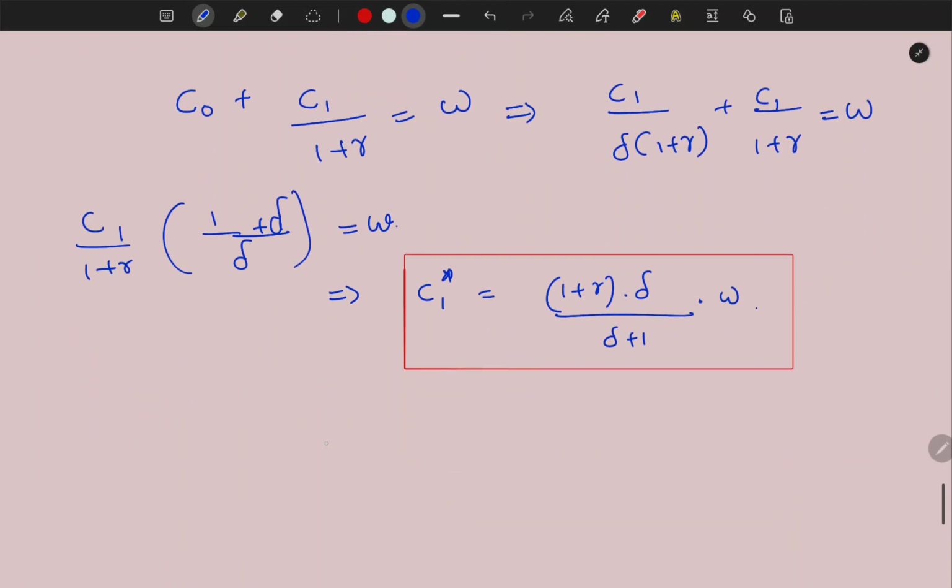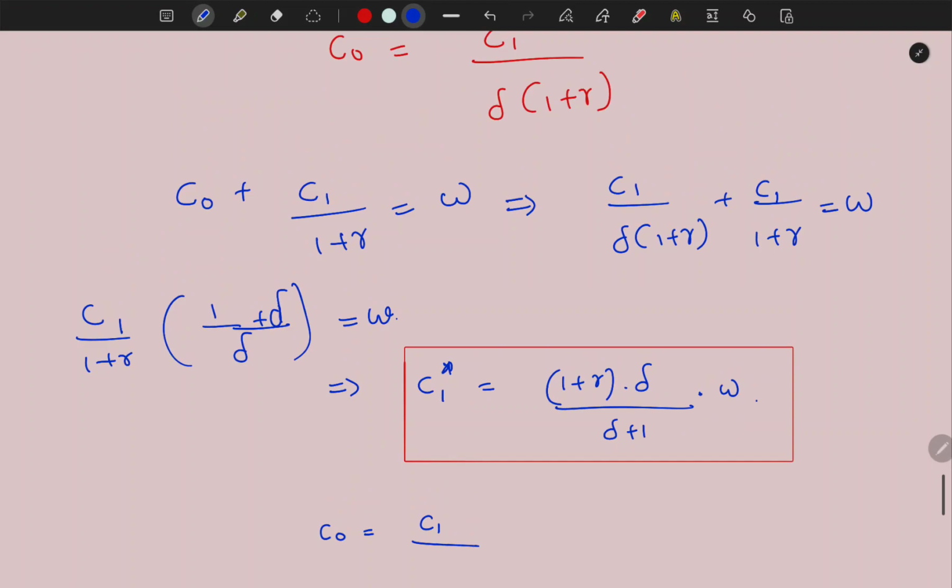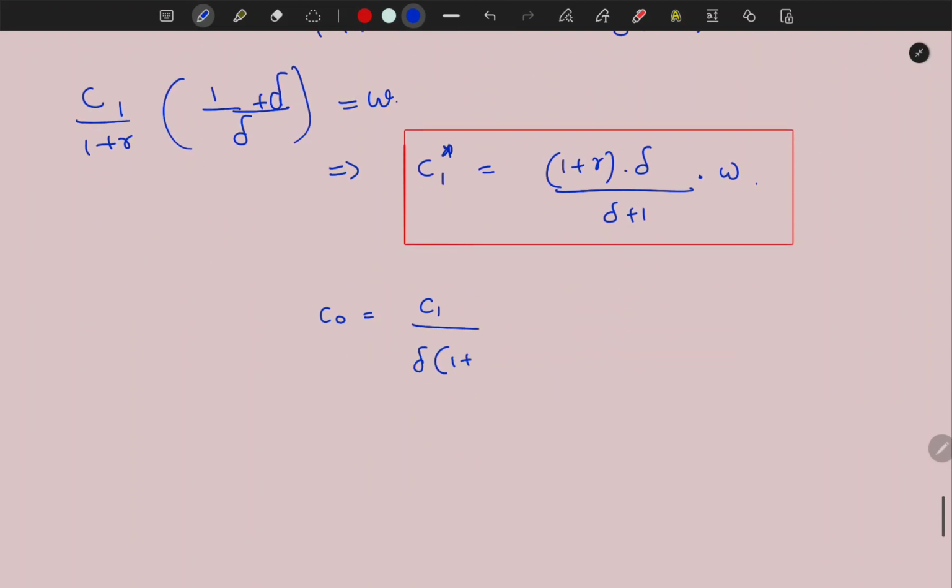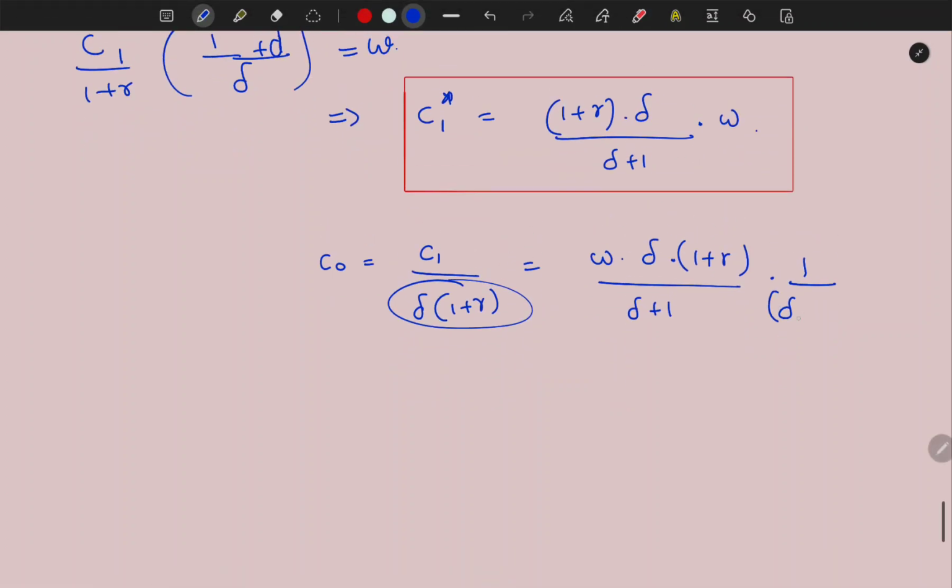C0 is C1 divided by delta times 1 plus R. C1 is W times delta times 1 plus R divided by delta plus 1, and the remaining part is delta times 1 plus R. So these terms get cancelled, and the value is W divided by 1 plus delta.